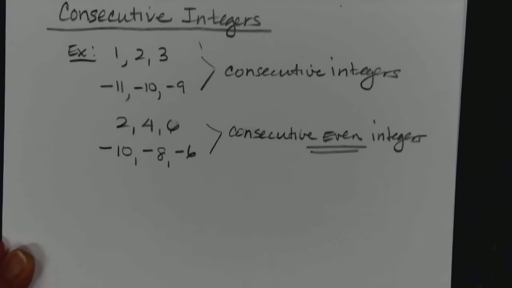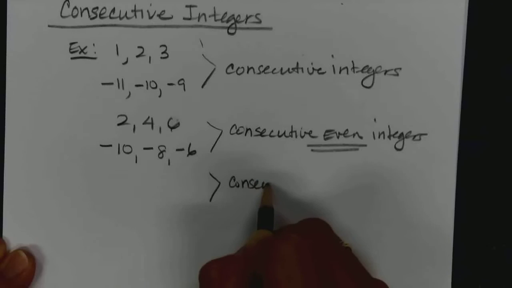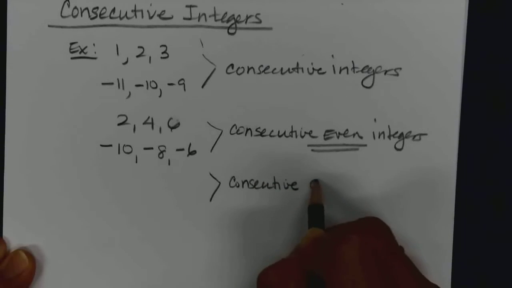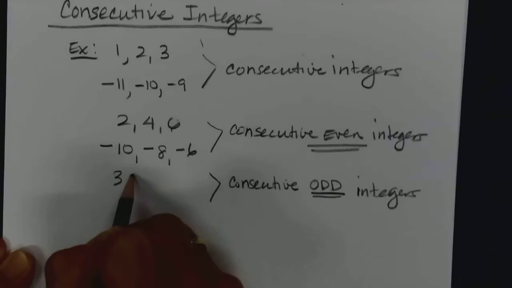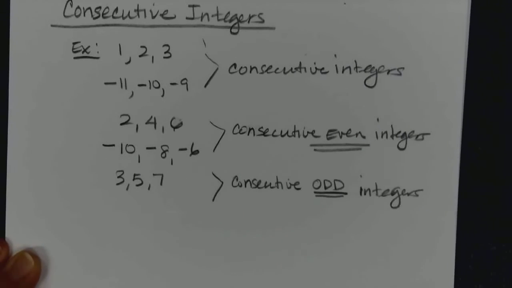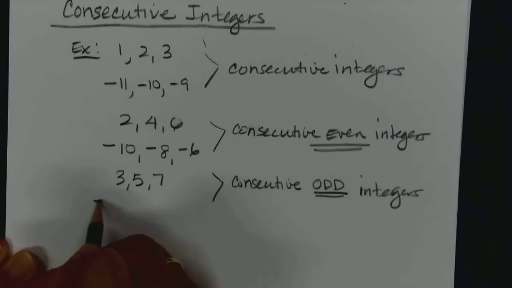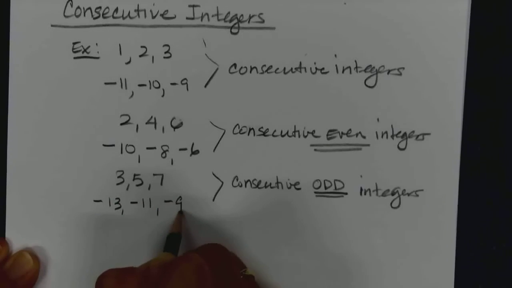Okay? So what would be consecutive odd integers? Go ahead. 3, 5, 7. Or negative 13, negative 11, negative 9.